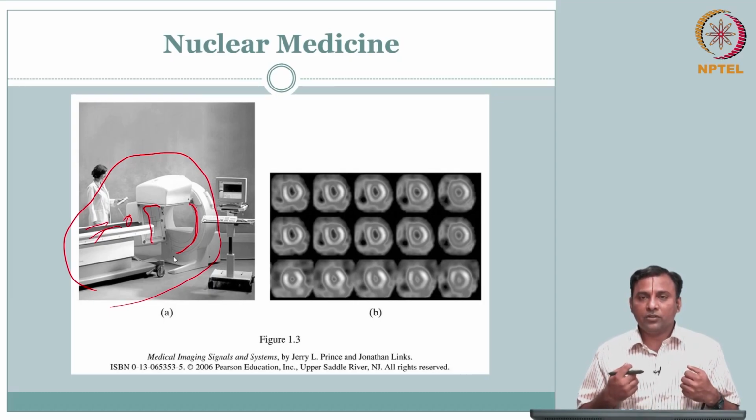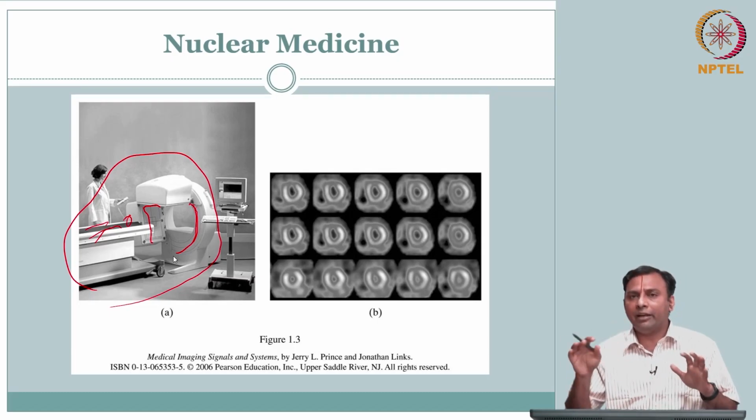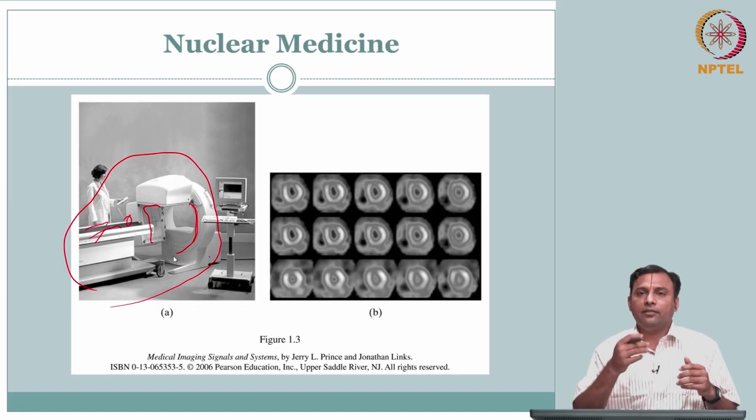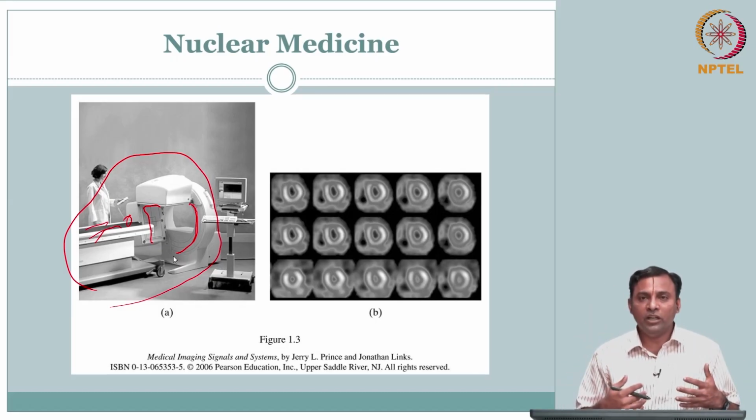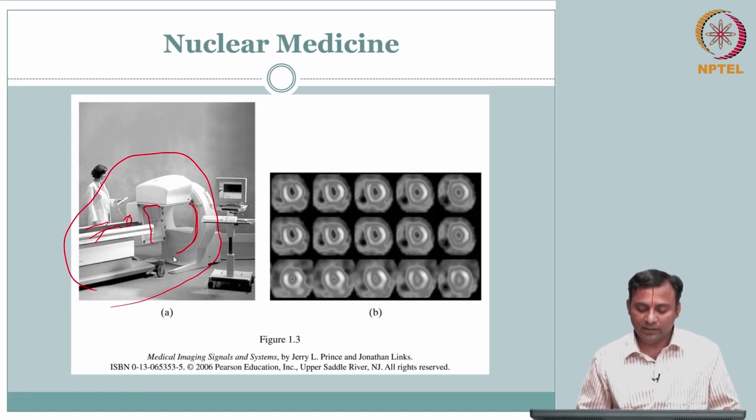They'll ask you to drink and wait for some time, and by that time it would have gone to different parts of the body, and only the locations where there is activity it will tag on and give the signal out. So patient preparation is key here, okay.